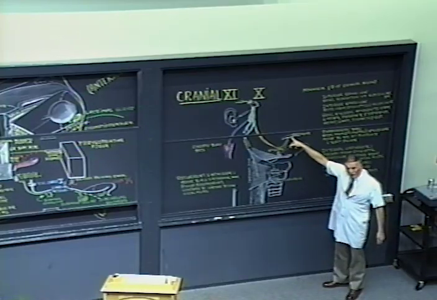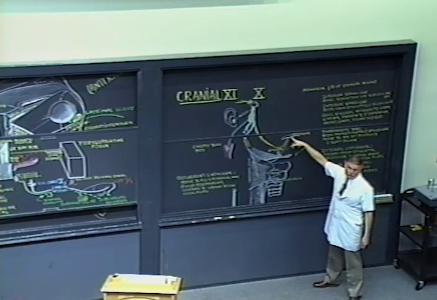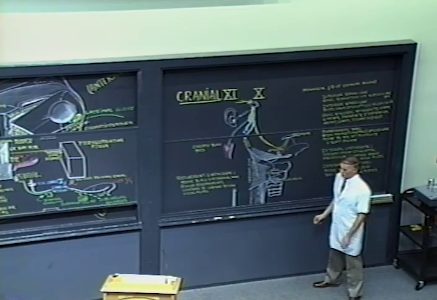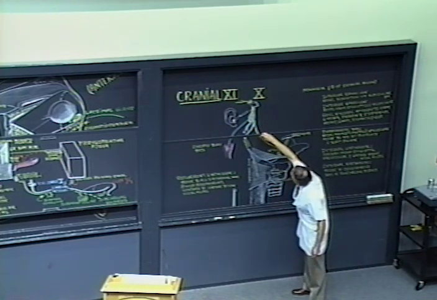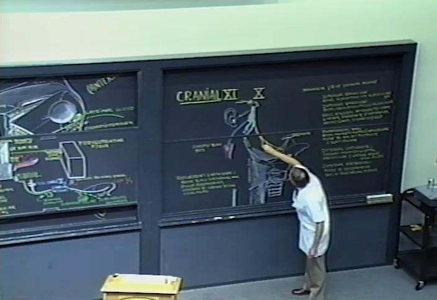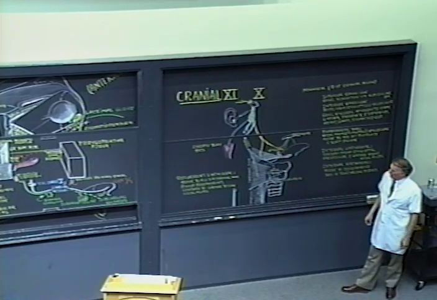the muscles of the soft palate, the musculus uvuli, and the palatoglossus, for example, palatopharyngeus. And muscles here of the pharyngeal constrictors.